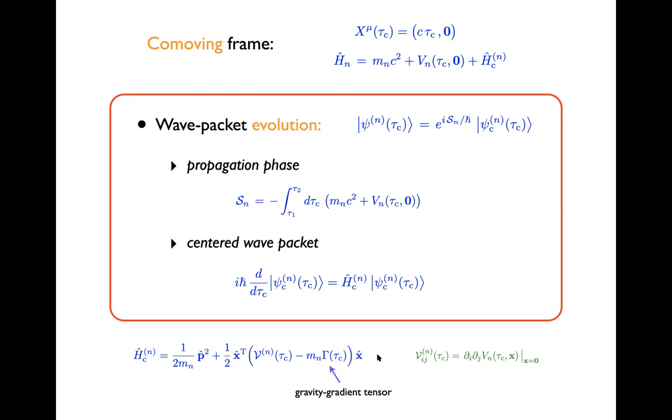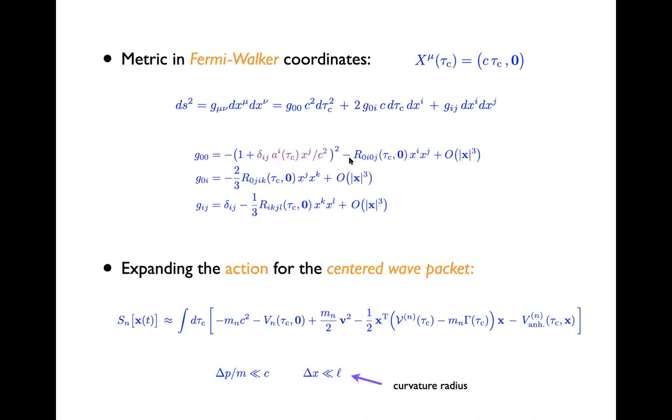Here I didn't include anharmonic terms, but you can also include them, that's perfectly fine. And notice that if there's some external potential, this corresponds to the Hessian, the second partial derivative of the external potential, but you will always have this contribution here that corresponds to the gravity gradient tensor, which is directly connected to this curvature term, this spacetime curvature term.